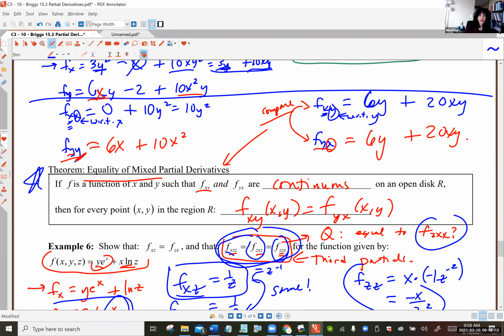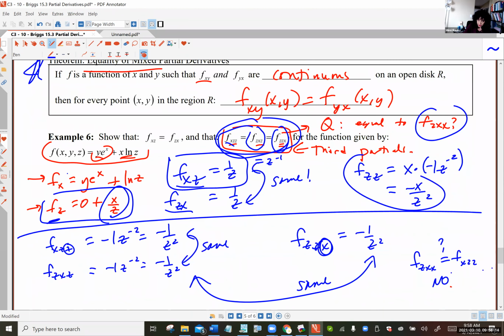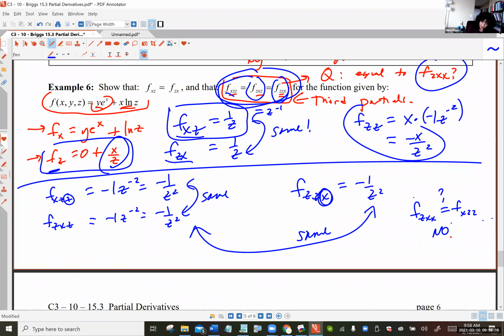It has to be the same number of derivatives matching. So this fzxx has one derivative where you took with respect to z and 2 with respect to x's, which is very different from fxzz, where you took 1 with respect to x and 2 z's. So there's no match there.